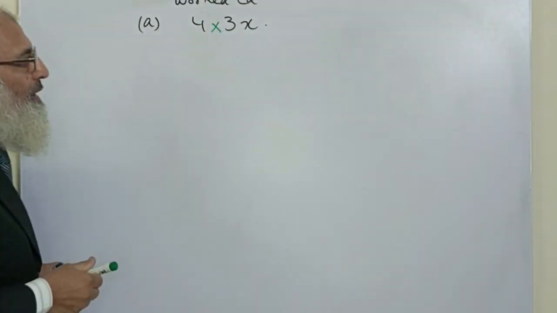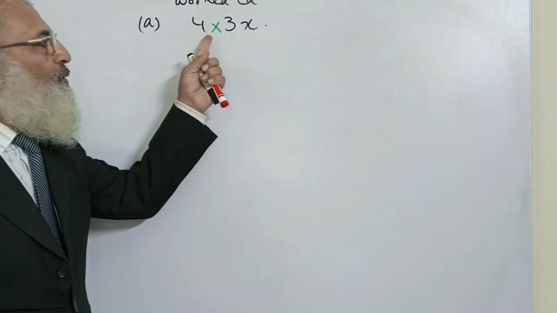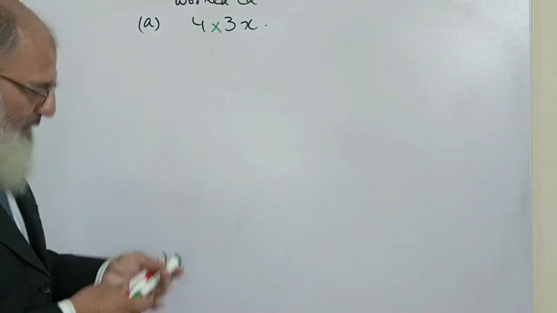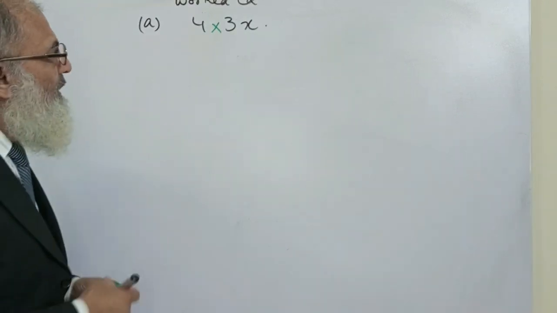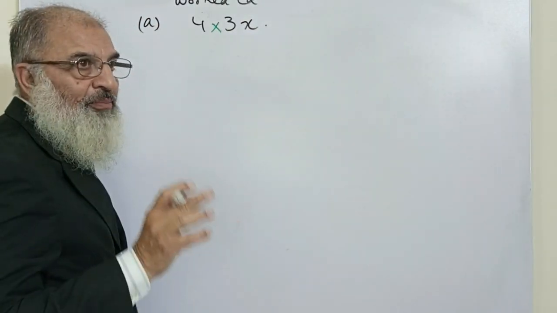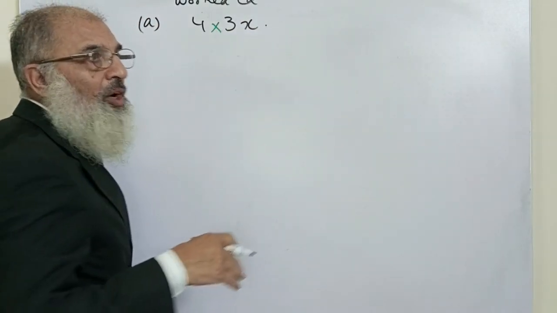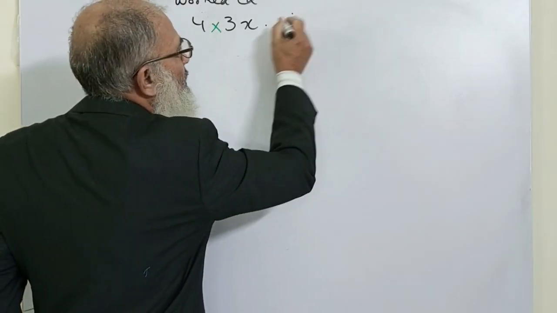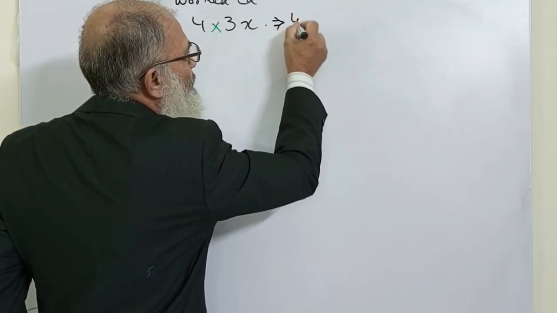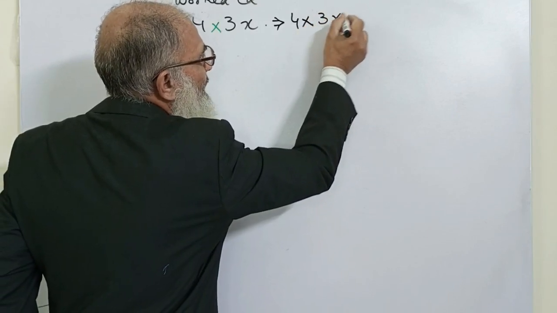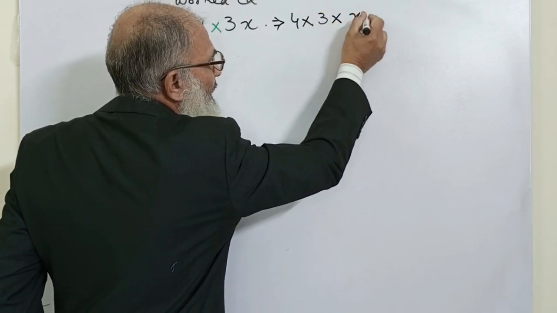You see that now this is 4 multiplied by 3 multiplied by x. Now he has asked us to write it where the multiplication sign is missing, or we have abolished it for some reasons, and now it will become 4 multiplied by 3 multiplied by x.